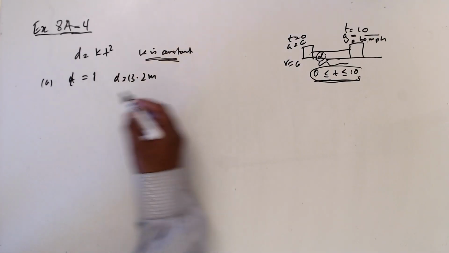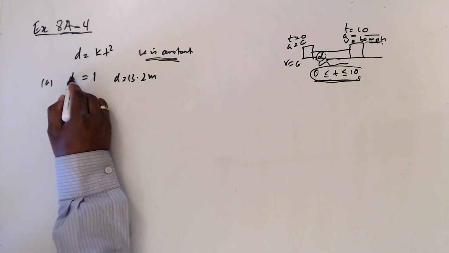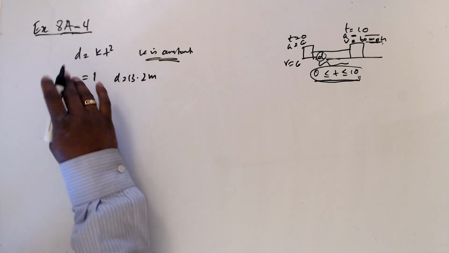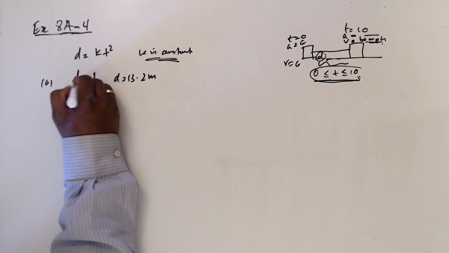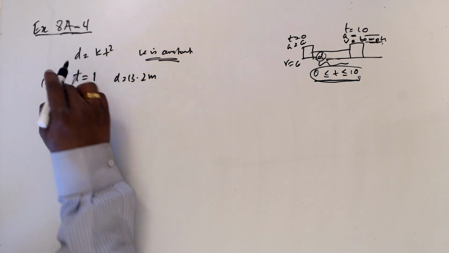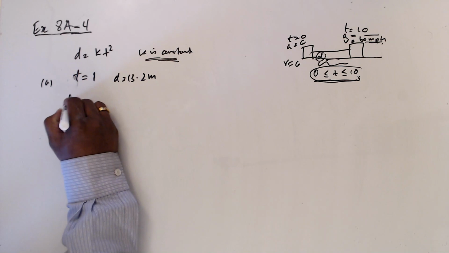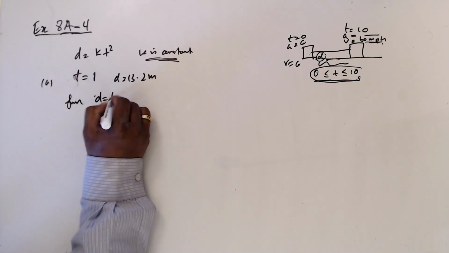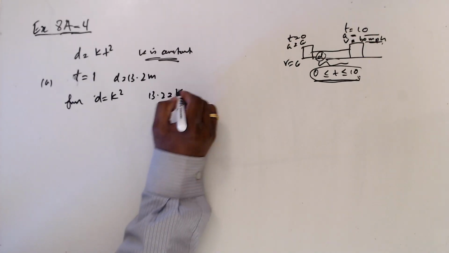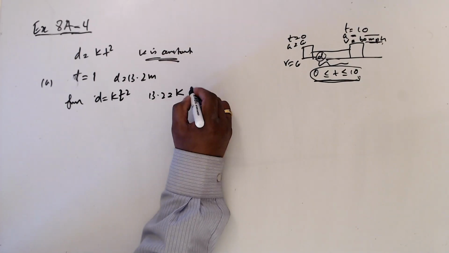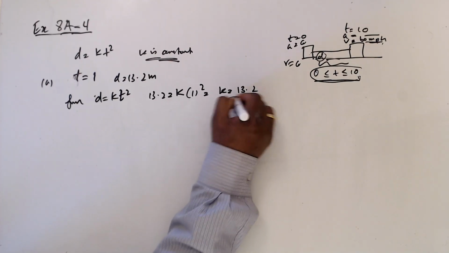Although it is 60 miles per hour, the relationship here is in meters and seconds. So t equals 1 and d equals 13.2. From d equals kt squared, 13.2 equals k times 1 squared, so k is 13.2.